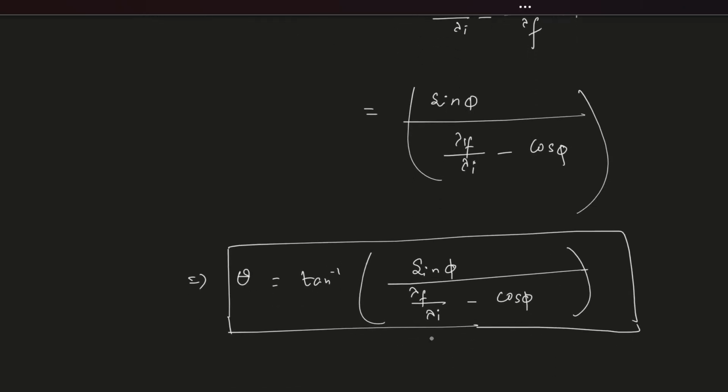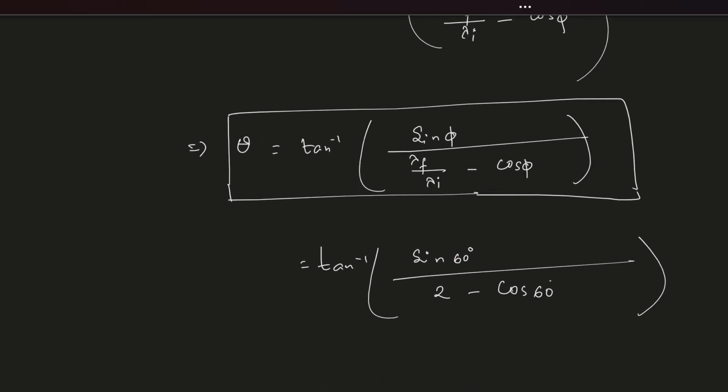Now you have the information with you, so you put it in. Sin phi is sin 60 degrees, and lambda f by lambda i is basically lambda prime by lambda, which is twice, that means it is 2 minus cos 60 degrees. So this is tan inverse of sin 60 degrees, root 3 by 2, divided by 2 minus cos 60 degrees, half.